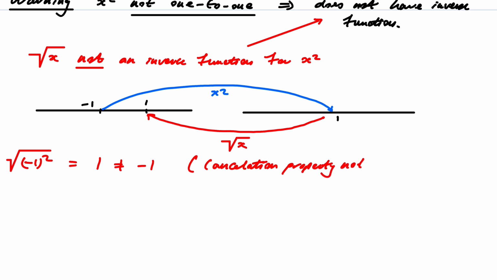The cancellation property is not true. And again, before you say, what about plus minus square root? That can't be an inverse because it's not a single output. It's not even a function. Okay, so next time we will see there is a partial fix to this, but it requires messing with the function x squared a little bit.